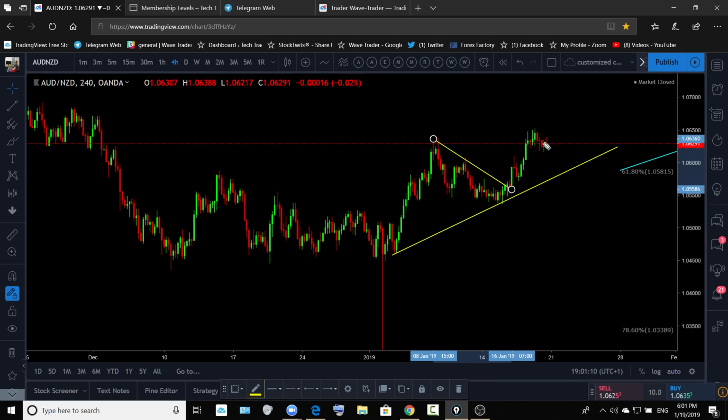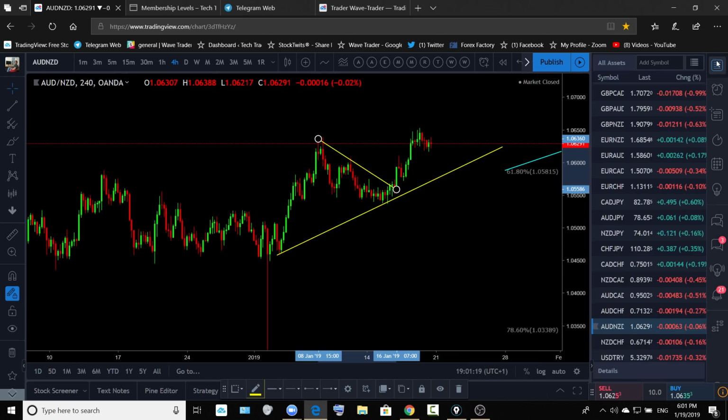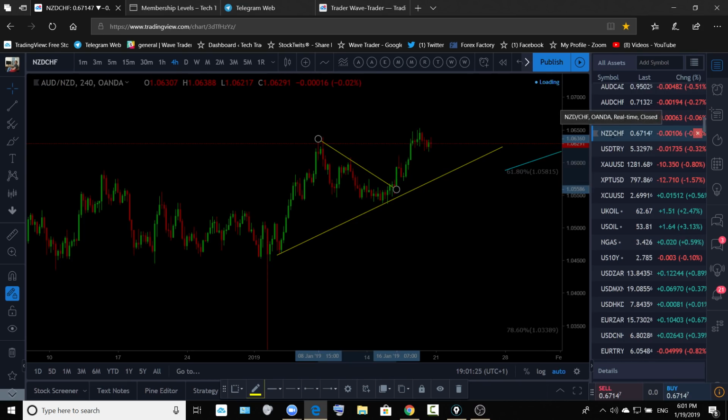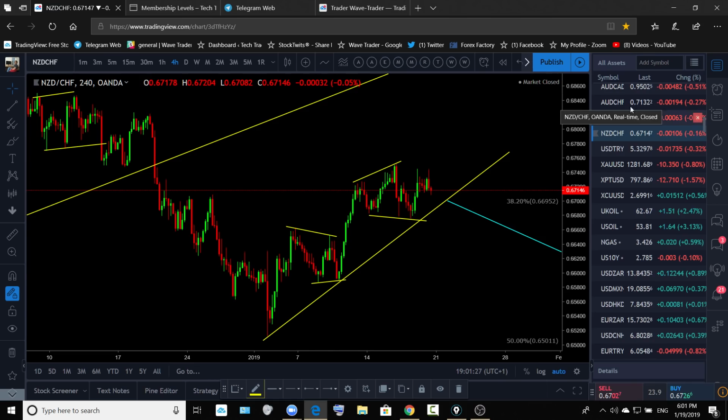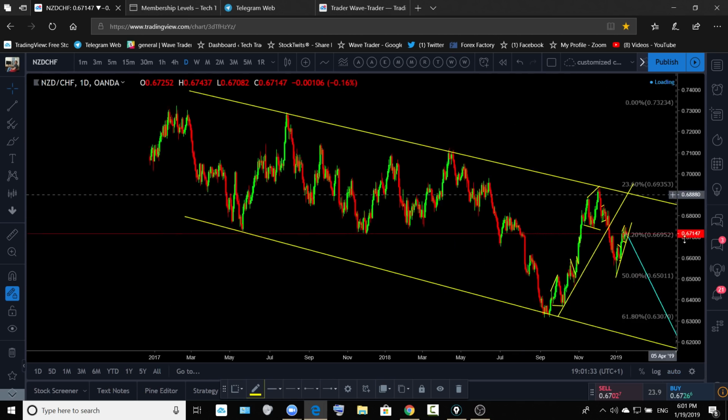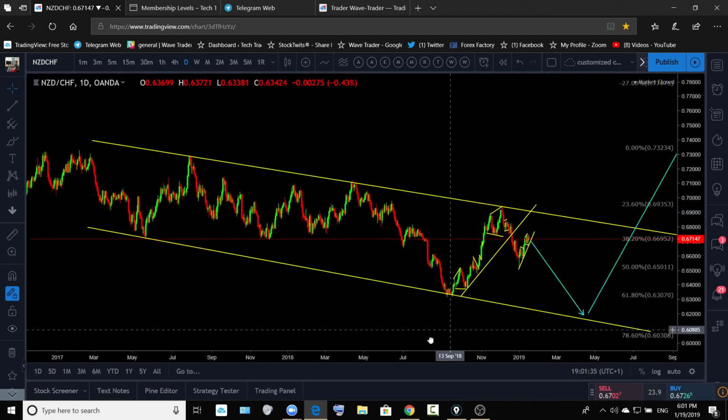Correct like that, break out and continue to go higher. Wave, correction, wave. Keep repeating. We still can see one more drop here like that.